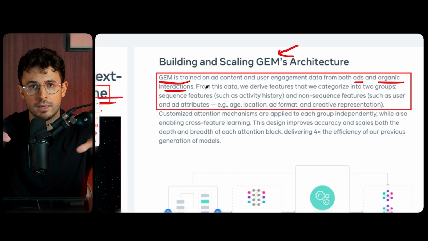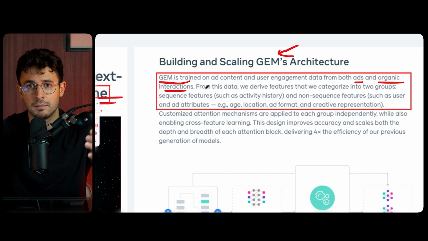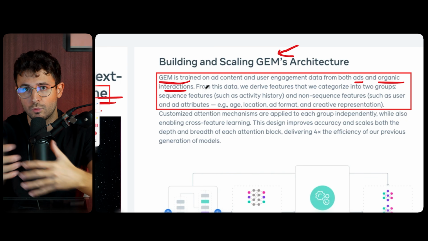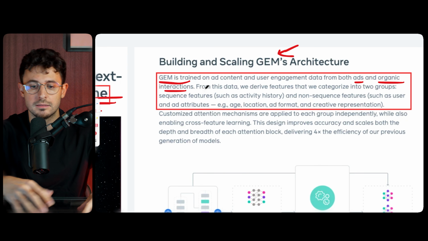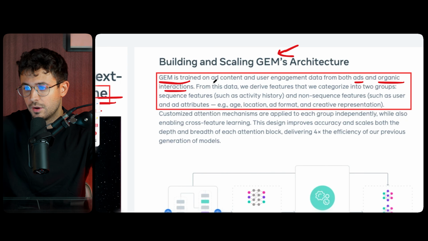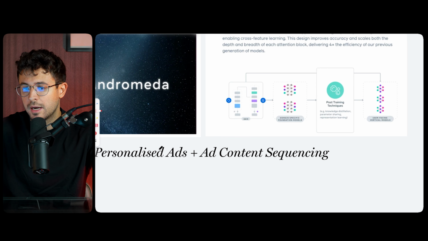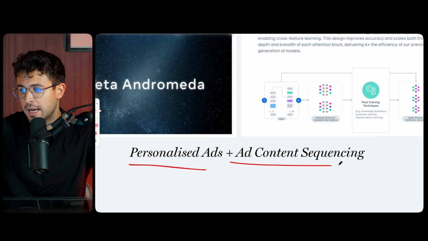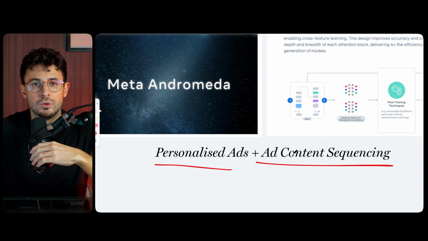So there will be different types of organic and ad content sequenced to each other when delivered to people. You might see someone who sees different ads, then sees organic content, then sees the ad again, and so on. So the two elements you want to remember are personalized ads and ads content sequencing. These are the two main keywords we want to understand.